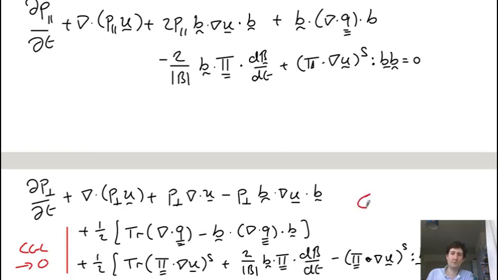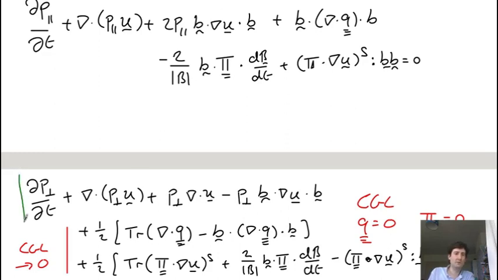So CGL sets Q equals 0, and also the FLR components, so the stress tensor, to 0. So all these terms here go to 0, and we're just left with this first part here.